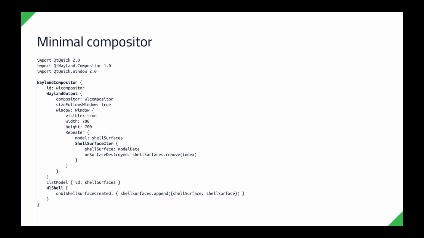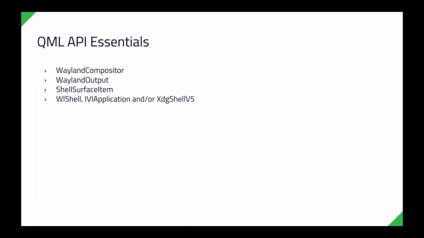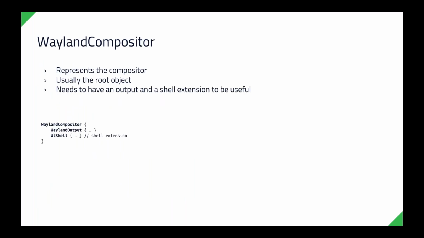I'll go through each of these components and explain what they are and what you use them for. There's the WaylandCompositor, which represents the compositor and is usually the root object of your application. And it needs to have a WaylandOutput and a shell extension to be useful.